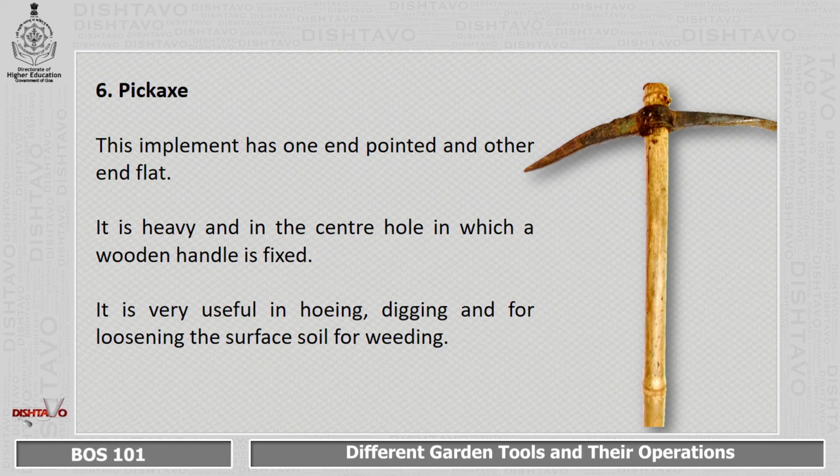This implement has one end pointed and the other end is flat. It is heavy and has a center hole in which a wooden handle is fixed. It is useful in hoeing, digging and for loosening the surface soil for weeding.